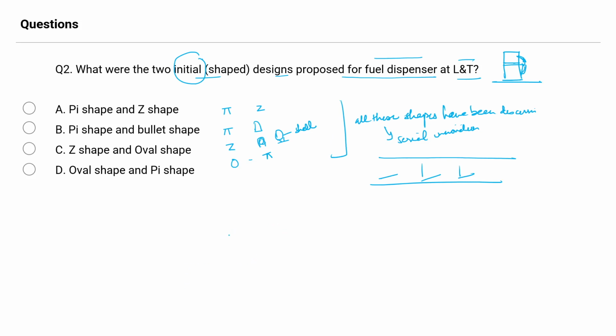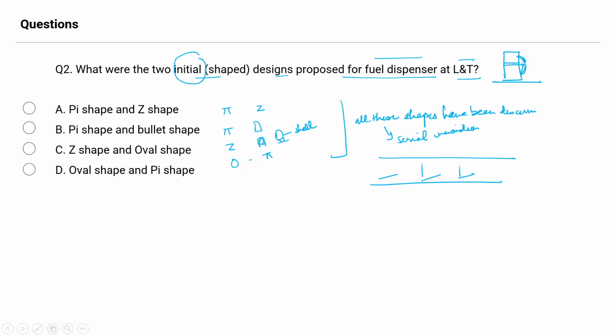Divya ma'am, Kinshuk, will be the right answer. Take a while, just recollect the different shapes which were discussed about fuel dispenser, and you'll be able to make out the correct answer.